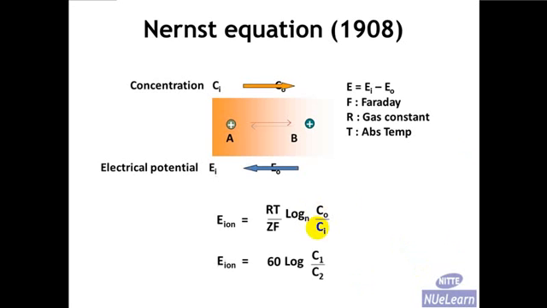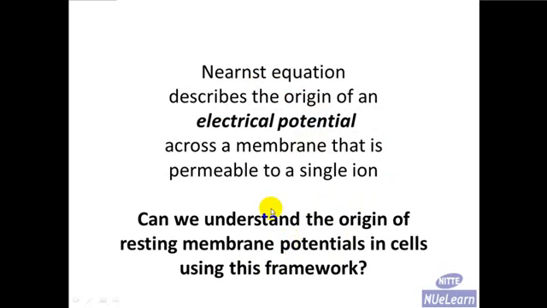For example, if we know the concentration of an ion inside the cell and outside the cell, then we could determine the equilibrium potential for this ion by using the Nernst equation, which therefore explains the relationship between concentration of ions and the equilibrium potential.